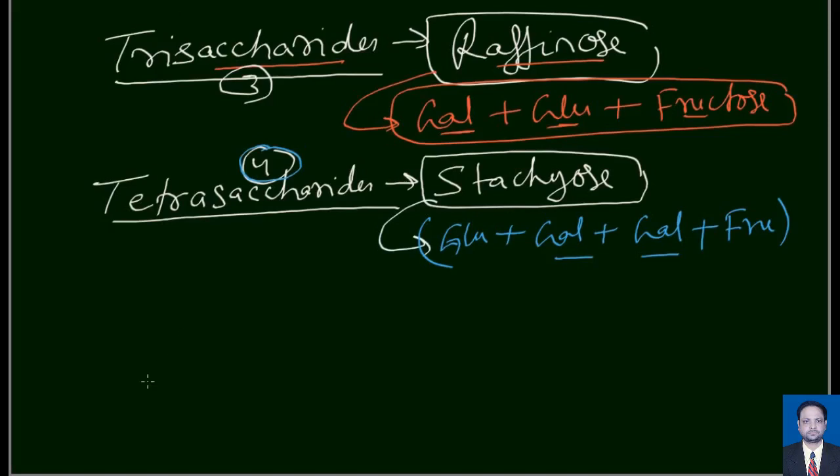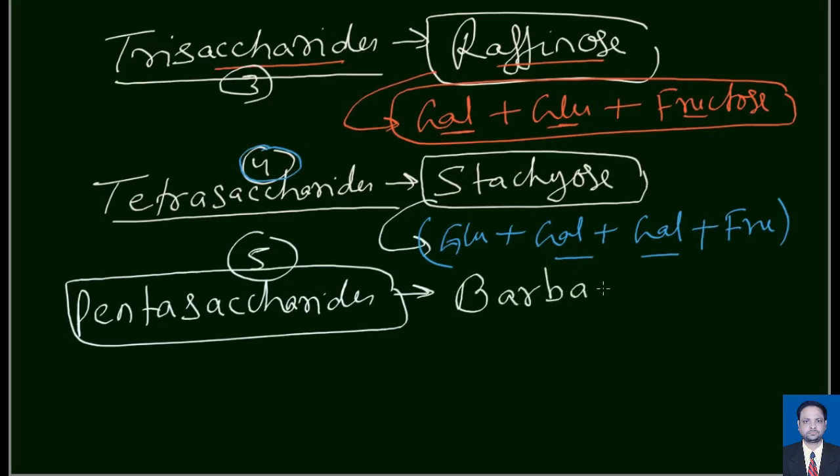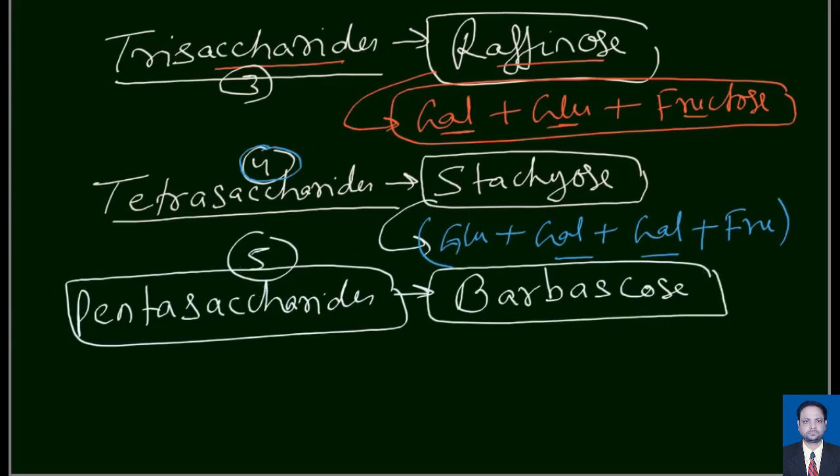Now let's move to the last one, that is pentasaccharide. It must have five, and the best example is called verbascose. Verbascose is normally made up of two galactose, two glucose, and at last fructose.